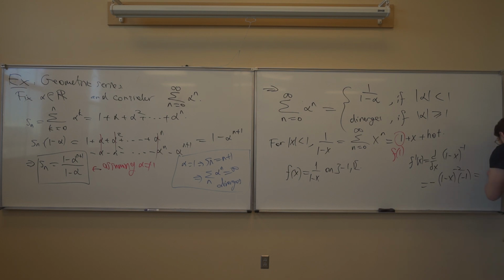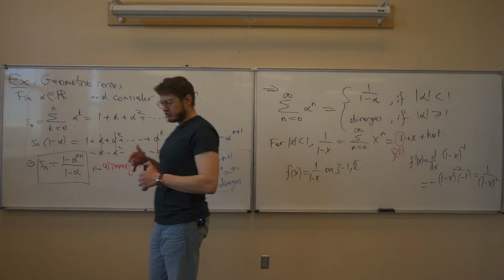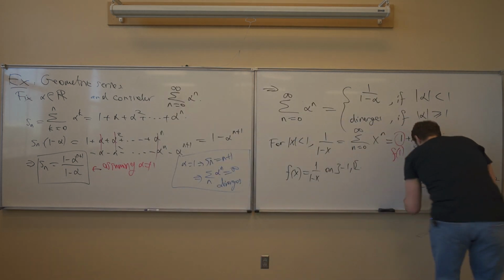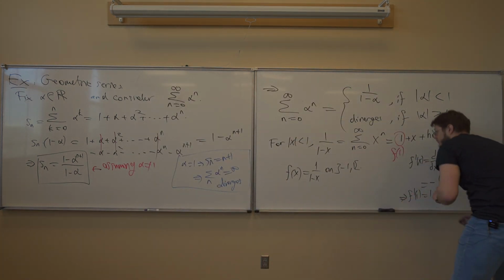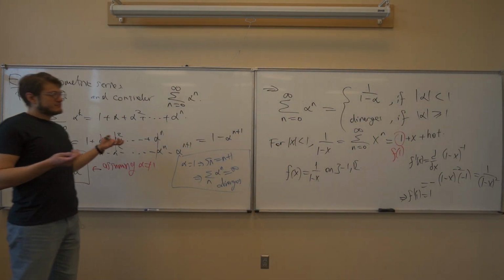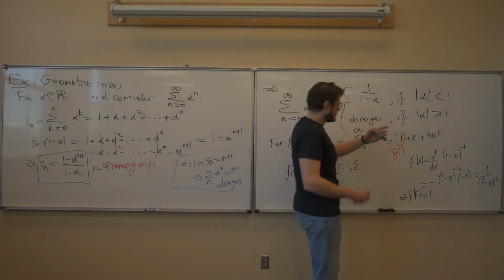And this gives me that this is 1 over 1 minus x squared, which means that f prime of 1 is also 1. So maybe by just differentiating the function and evaluating at 1, I can get these expressions.